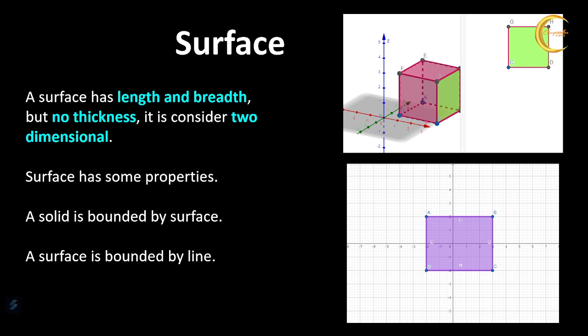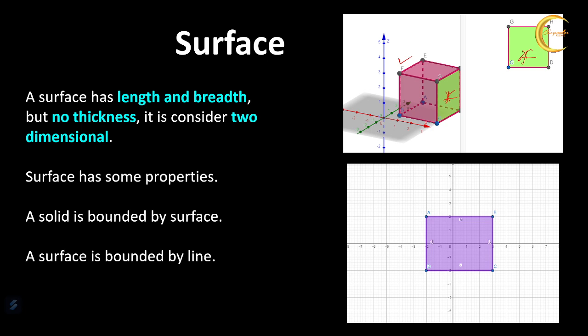And this surface has some properties. A solid is bounded by surfaces, and a surface is bounded by lines. I have shown here a cube, and this cube is bounded by surfaces, and this is a surface.